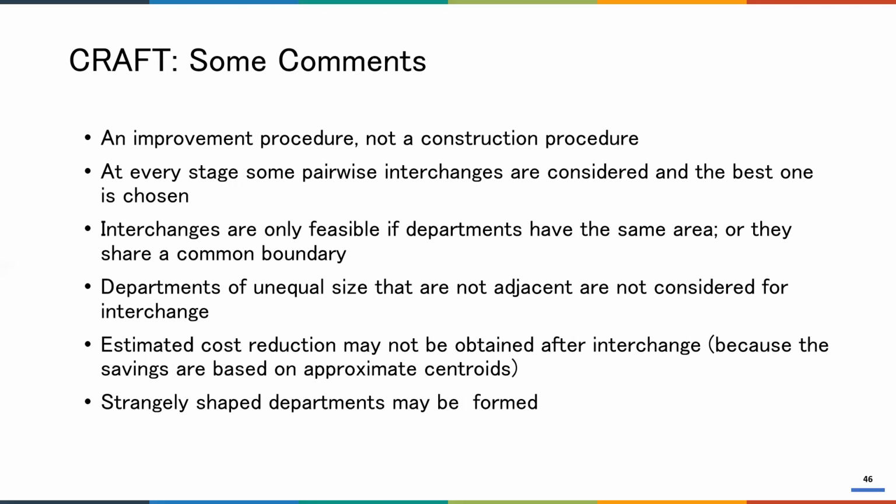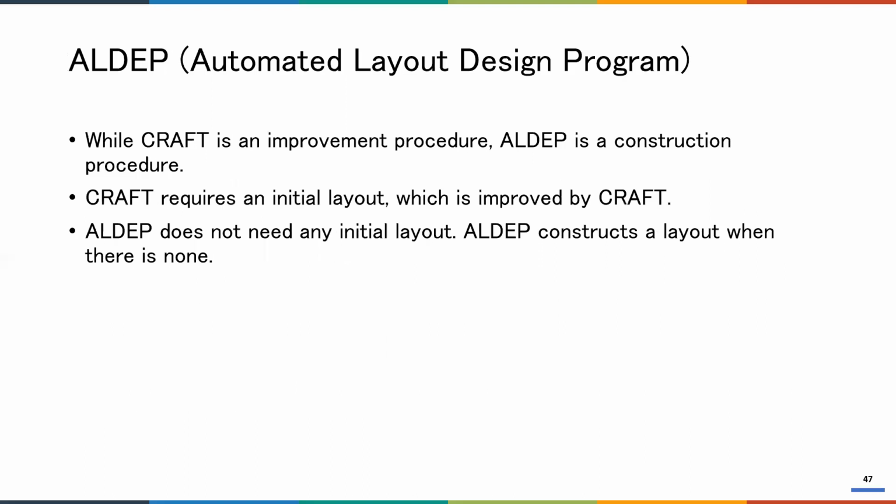So in that case, maybe we can try another pairwise interchange. If all the possible pairwise interchanges have a 0 or negative value, it means that the current layout is considered optimum.